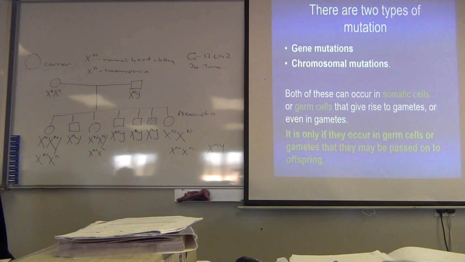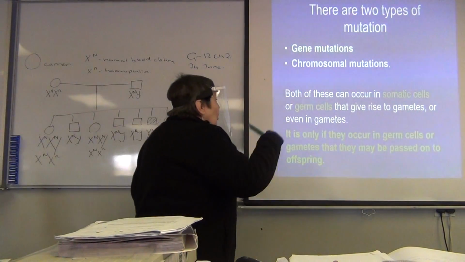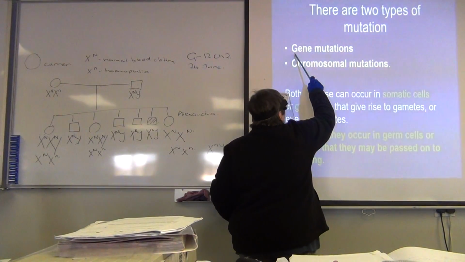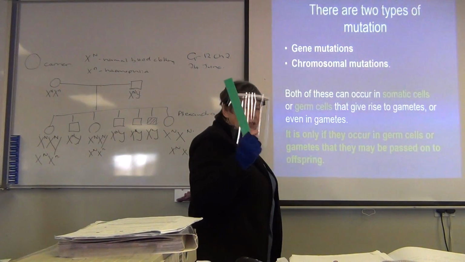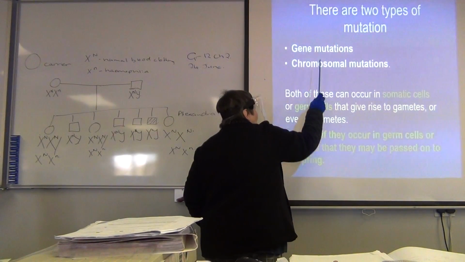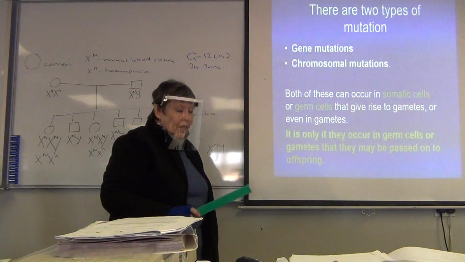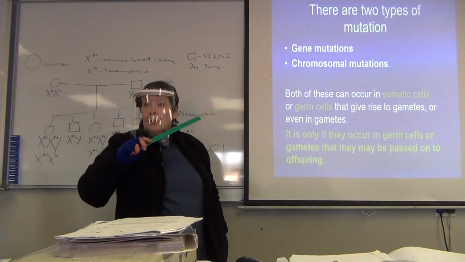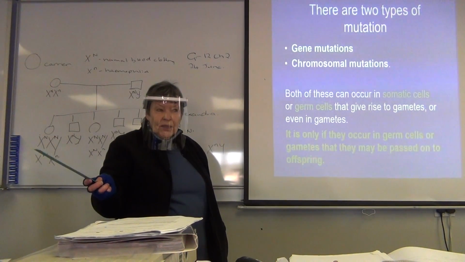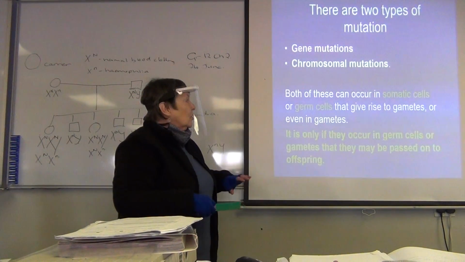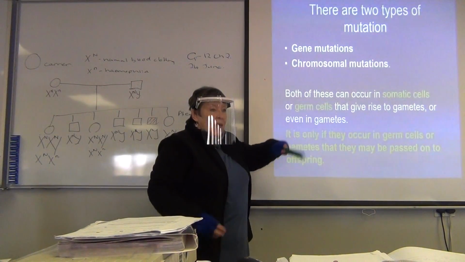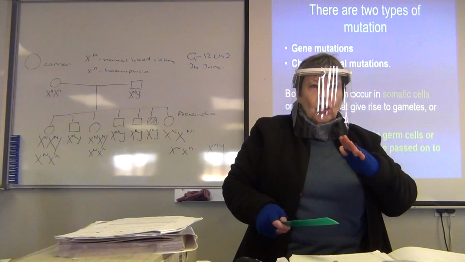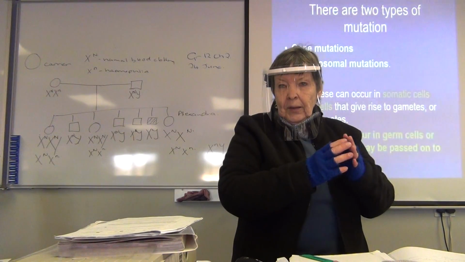All right. Two types of mutations. Gene mutations, even though they might have really big effects, are within one gene, so in terms of size they are much smaller than a chromosomal mutation. A chromosomal mutation is a huge mutation that affects many genes. Down syndrome is an example, a whole extra chromosome in every single cell.